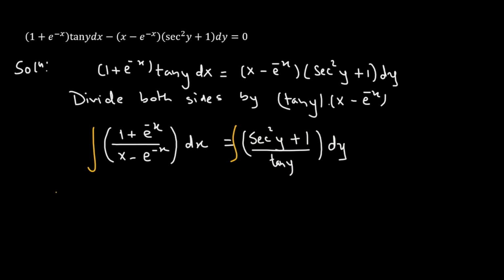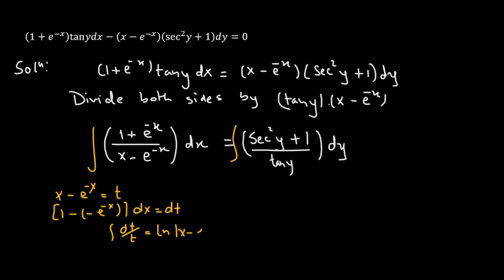Here we can consider x - e^(-x) equals t, and when we differentiate both sides we get (1 + e^(-x)) dx equals dt. So that means we will get dt divided by t, which is natural log of t, and since t is x - e^(-x), this is going to be the value of our integral.